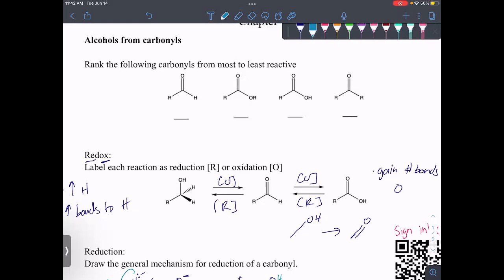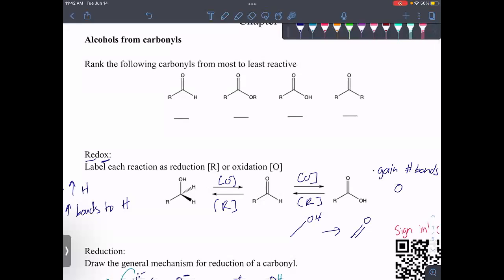No, because, yeah, but why? Okay, so we said that carbonyl carbons react because they're delta positive. So we want the least electron density on those carbons. So what two things contribute to electron density? We have induction and also resonance.